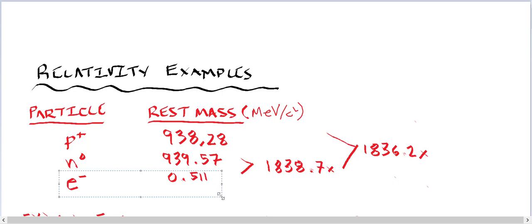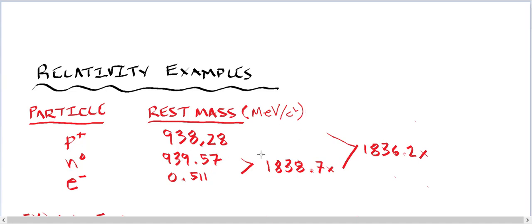And the mass of the electron is considerably smaller. It's about half a mega electron volt per c squared, 0.511 MeV over c squared.